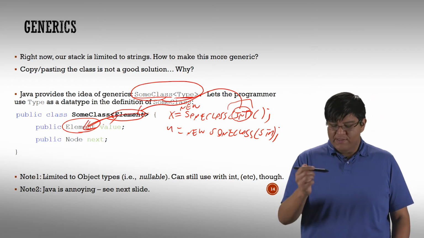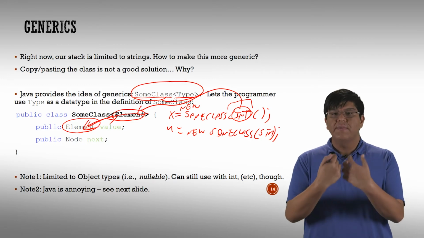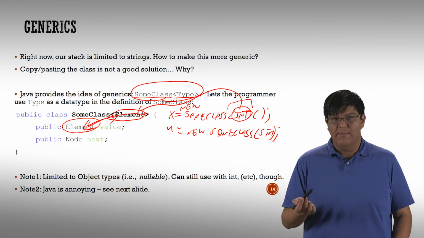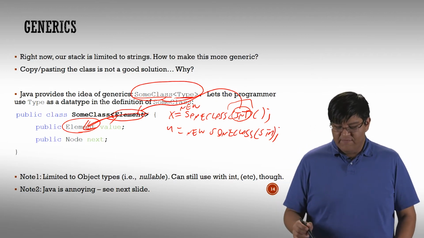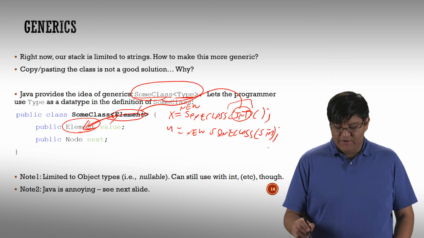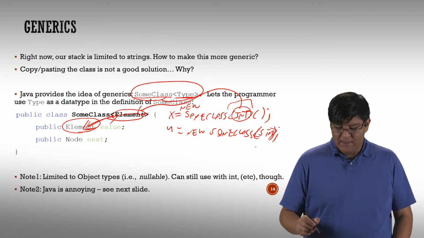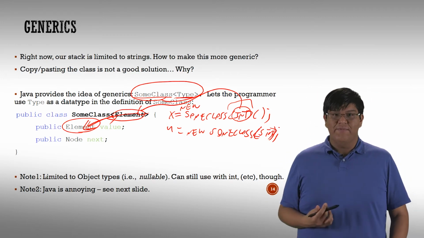So basically you say, build me some class for int, which means look at the generic, element, and every time you see it, replace it with int. I could do the same thing with the string one: element will be replaced by string all over the place.